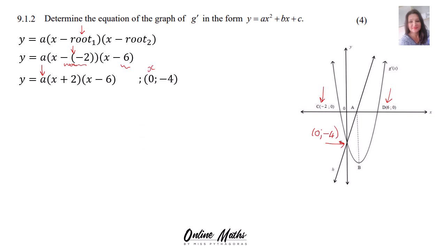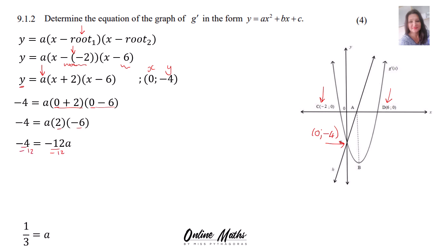This is the x, this is the y. So in y's place we substitute -4, and everywhere you see an x, you substitute 0. On the right-hand side, 0 plus 2 is just 2, and 0 minus 6 is -6. Then 2 times -6 is -12, and to find a, we divide both sides by -12, and we end with a equals a third.